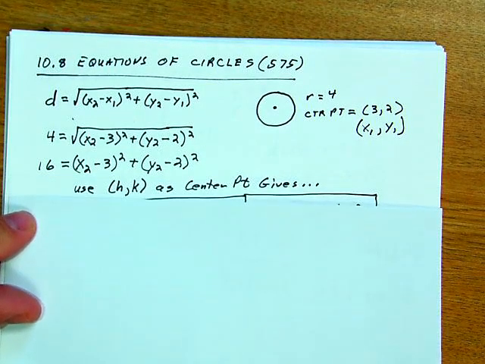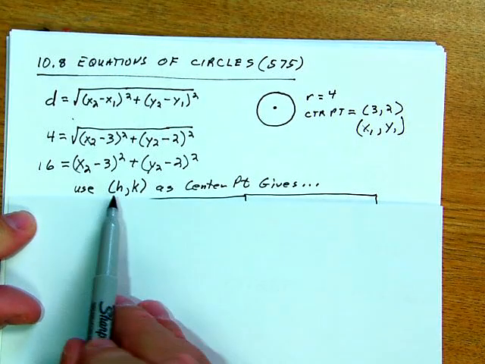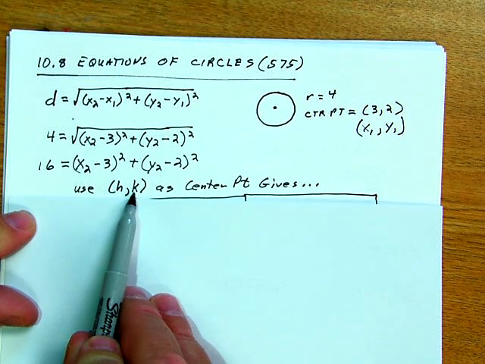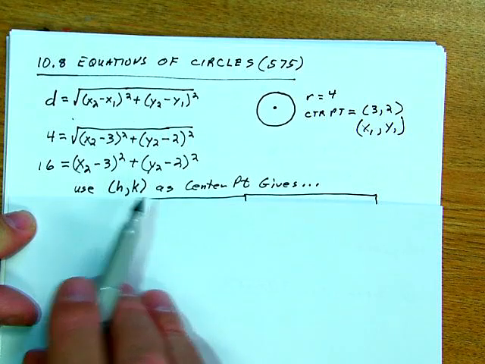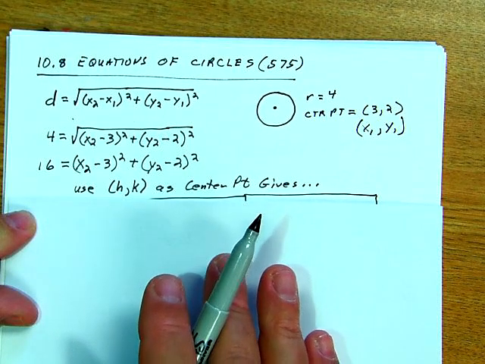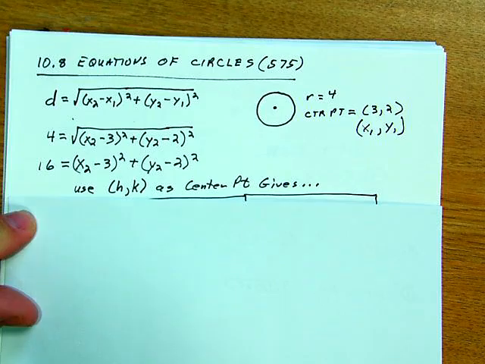Now let's say I use the standard letters h and k as my x and y values for the center point of a circle. Don't worry about why I use h and k, just remember that h and k are the center point of a circle in the standard equation.